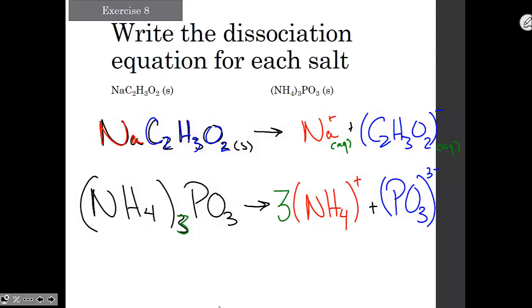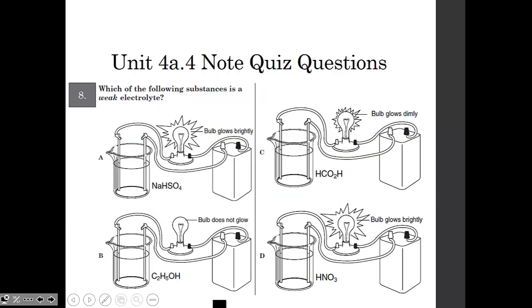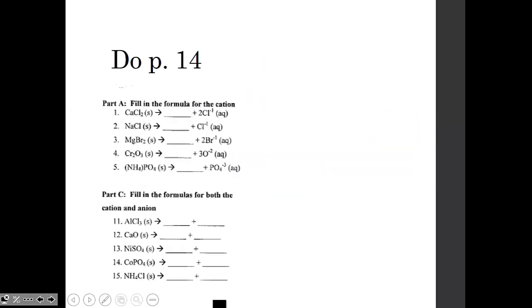You could also tackle it from this idea of charge. 3 plus 1s are canceled out by 3 minuses. Again, these will be in solution, so you say they are aqueous after each one, and those are your dissociation equations. With that, you're able to answer your last 4 note quiz questions, as well as do page 14.